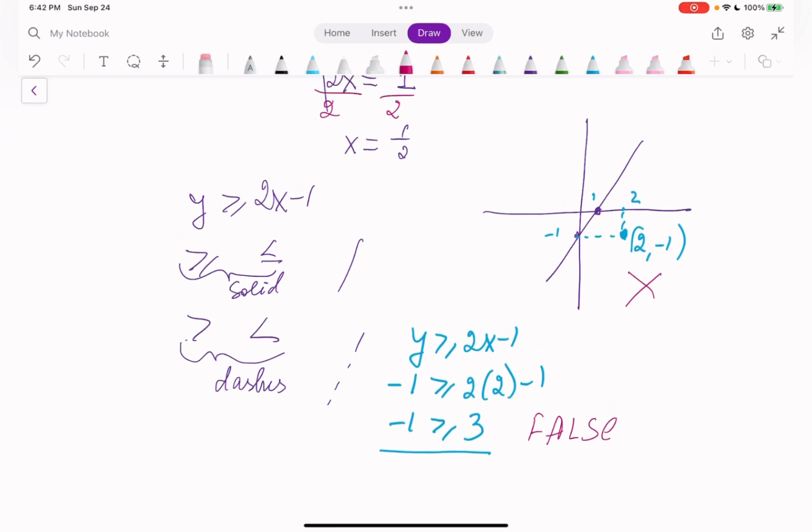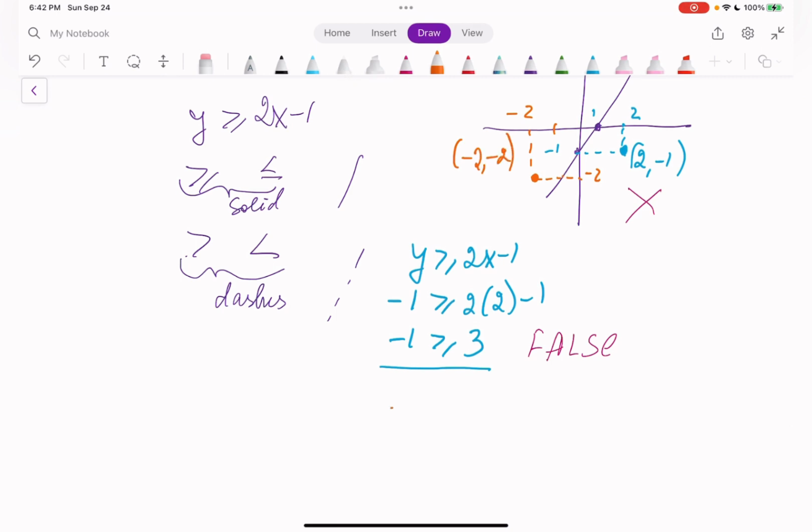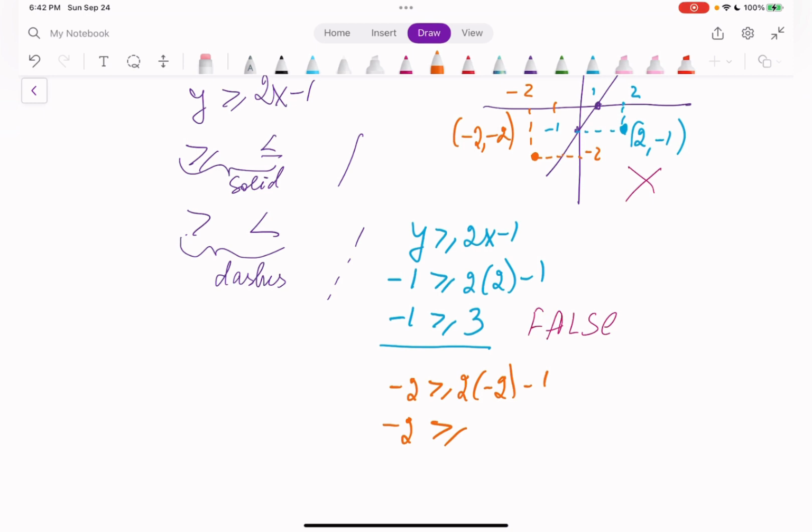Now I am taking a point on the left side. Let's say I'm taking this one. This point is negative 2, and this one, 1 and 2, negative 2, negative 2. Okay, let's do it. So y is negative 2, and greater or equal to 2 times x, which is also negative 2, minus 1. I have negative 2 greater or equal to 2 times negative 2, which is negative 4, minus 1, negative 5.